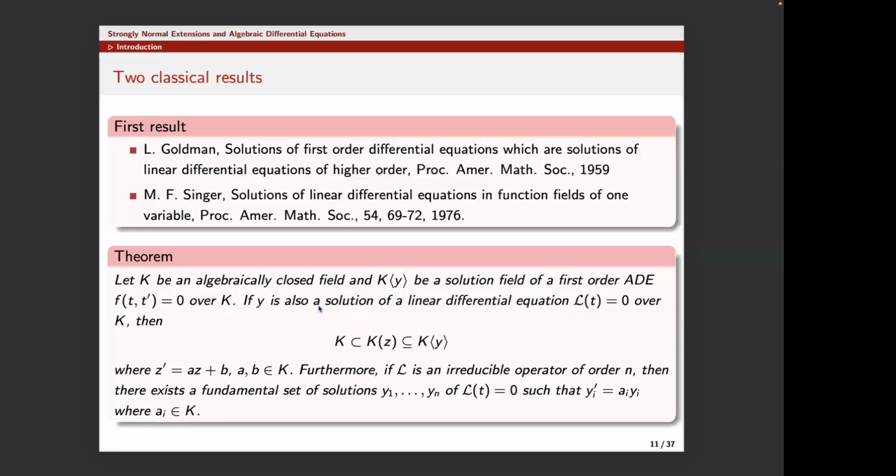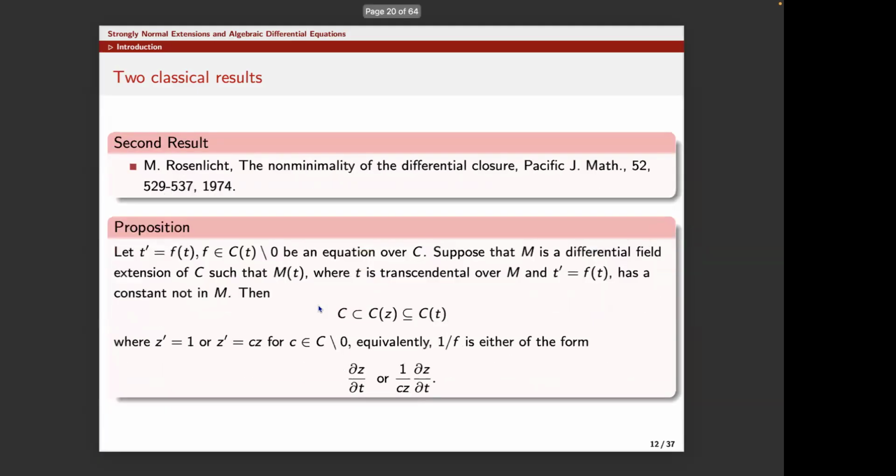And if the linear differential equation happens to be irreducible, then it also says something about the solvability of the linear differential equation. It even says more. It is easy to see that the differential Galois group of L(t) equal to 0 has a connected component that is a torus. So this is about solvability of an algebraic differential equation in a Picard-Vessiot extension.